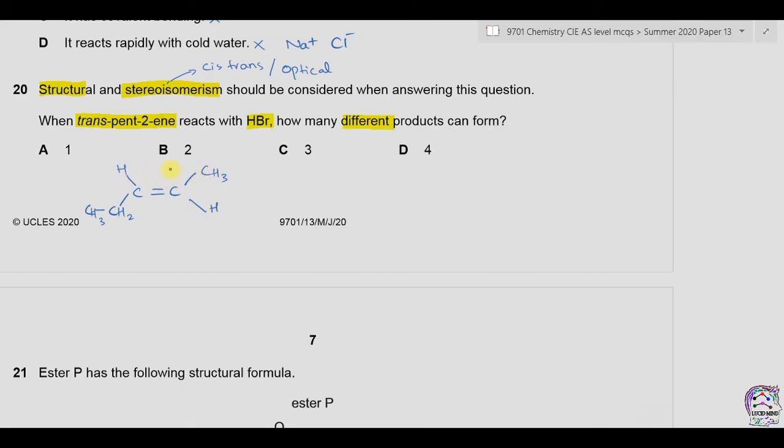If both hydrogens were on the same side, then it would be cis-pentene. Now it reacts with HBr. Let's draw the possible products that are formed. CH3, CH2. Now HBr is added across the double bond. With one carbon atom we can add hydrogen, and with the second carbon atom we can add bromine.